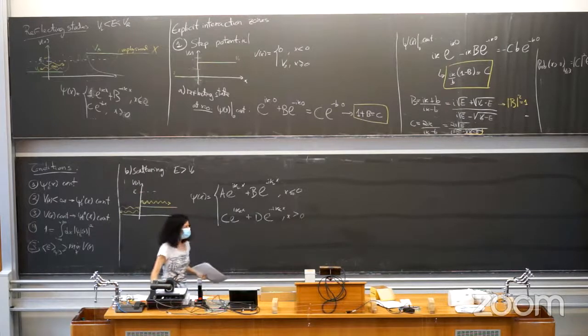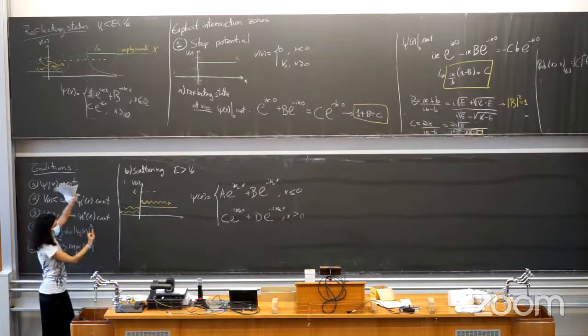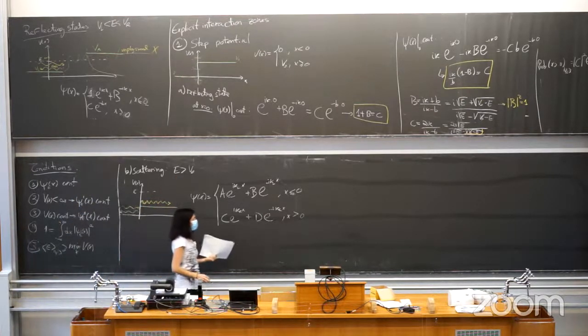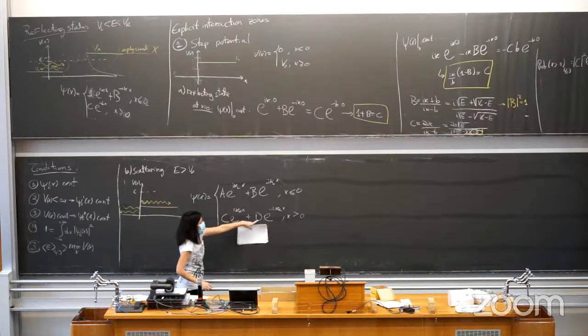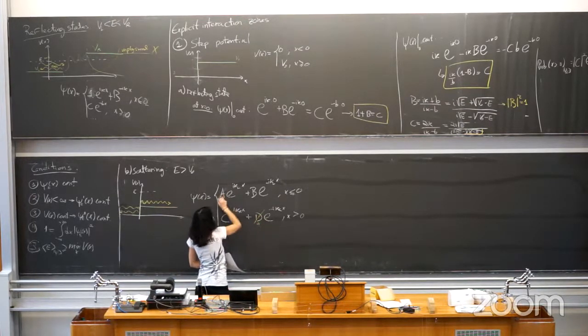And once again, by the way, you can try to do as homework what happens in the limit case where E is exactly equal to V0. So again, we're interested in this case where this d is 0 and we set A to be 1.